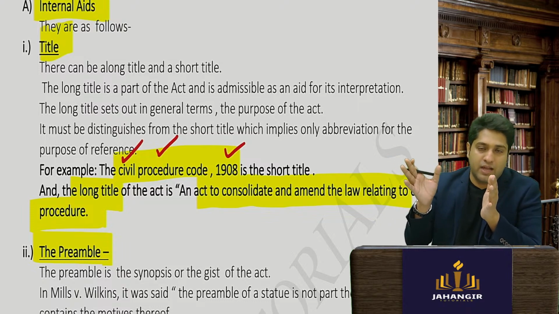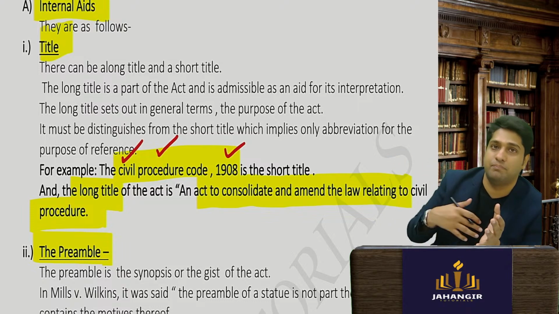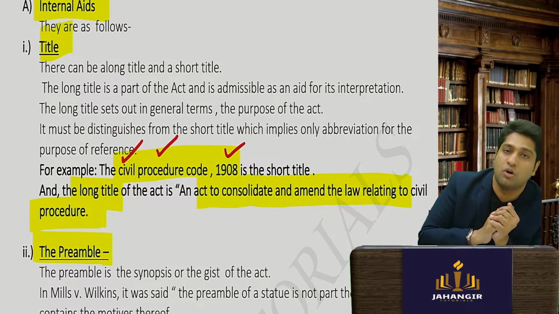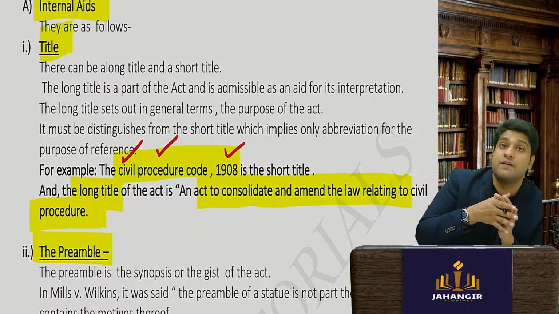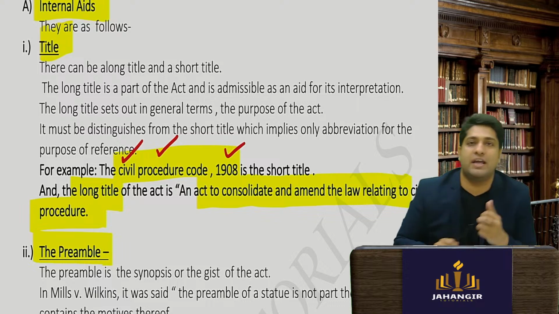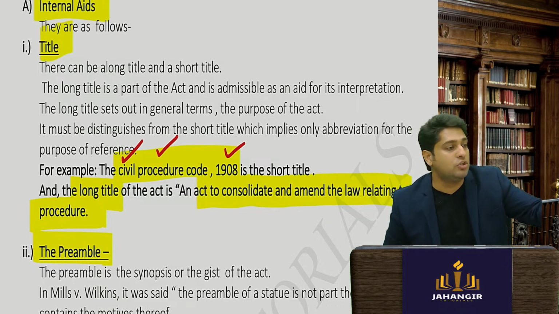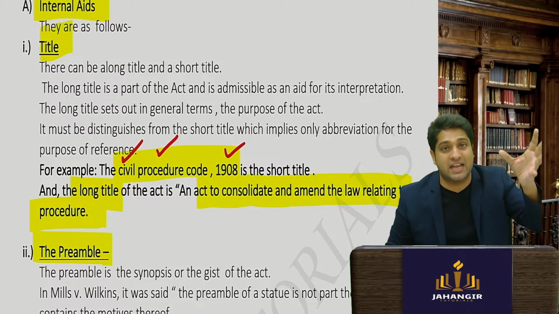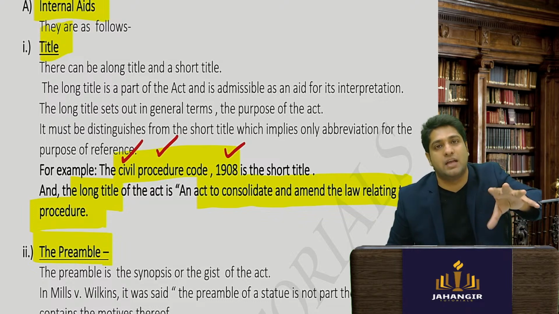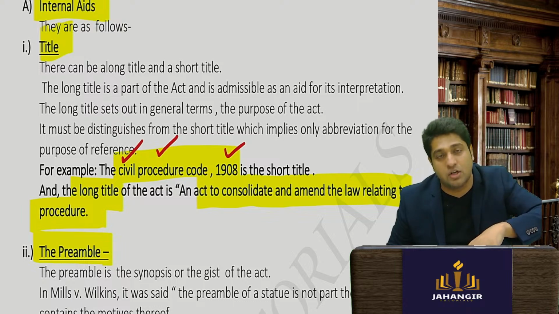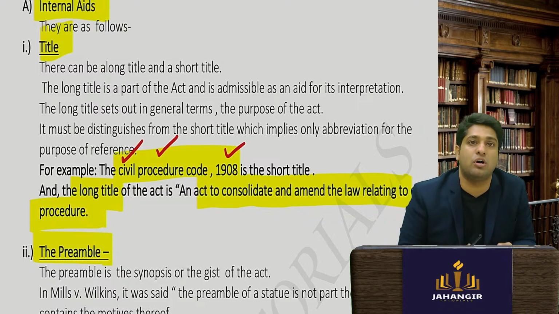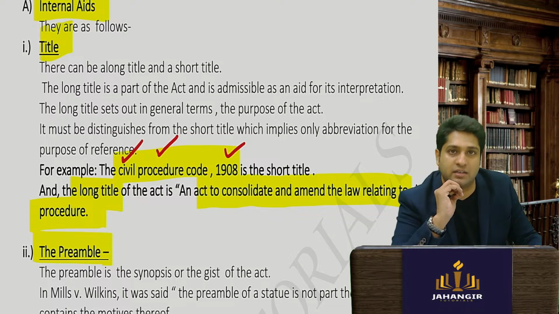Any help made by the framers of the law within the act itself, like your definitions, your preamble, your schedules, your sections, anything with examples in the act, anything within the act which helps to understand the law, is called an internal aid.